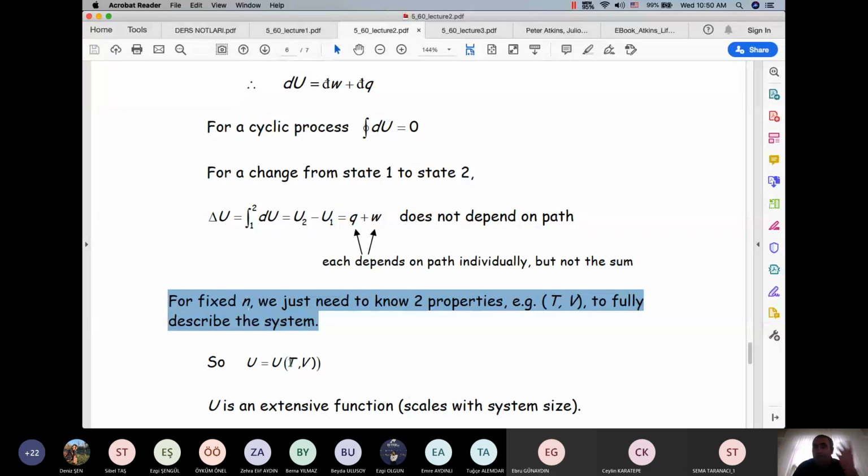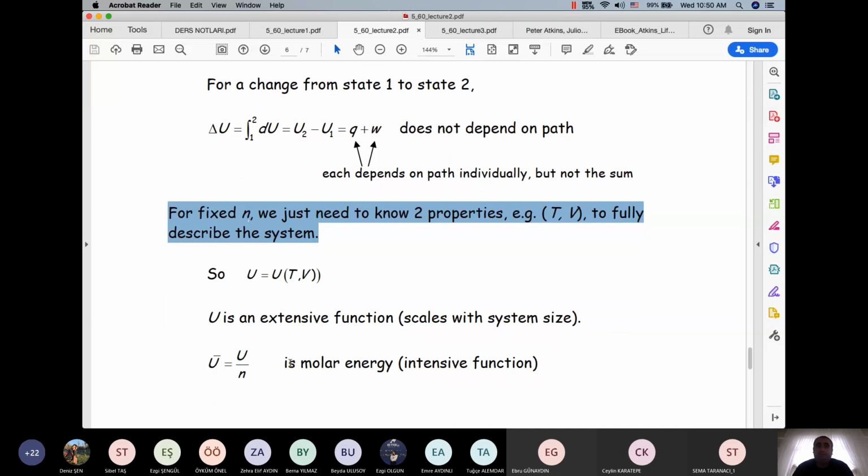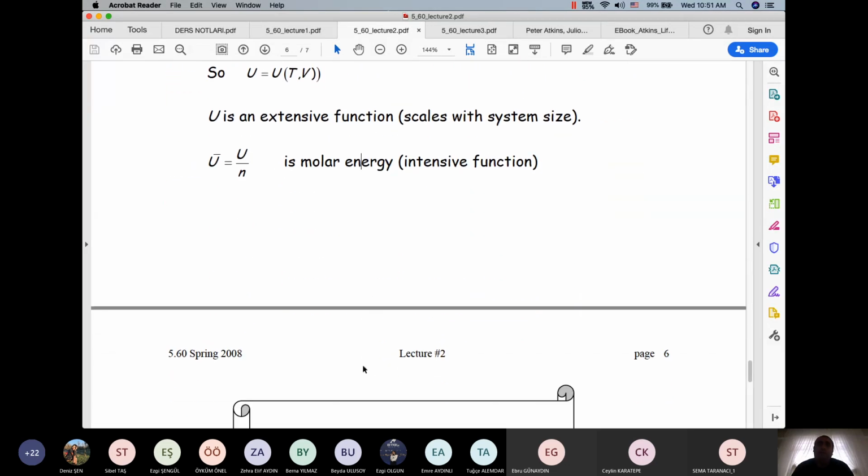And we can choose temperature and volume, or we can choose pressure and temperature, etc. So U is an extensive function. U depends on the size of the system, and to make it intensive, we divide by the number of moles and get the molar energy.